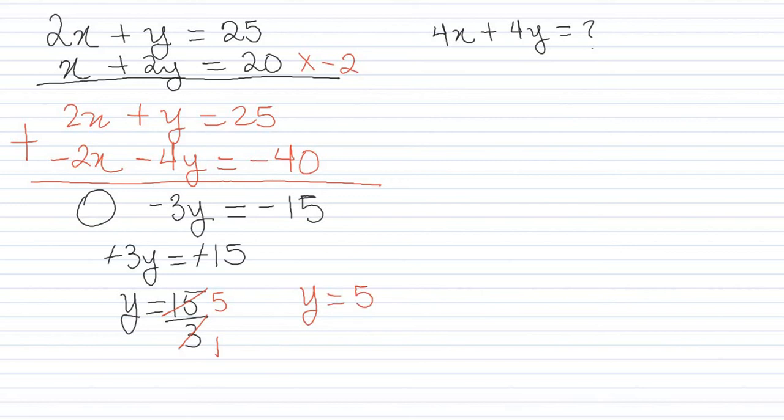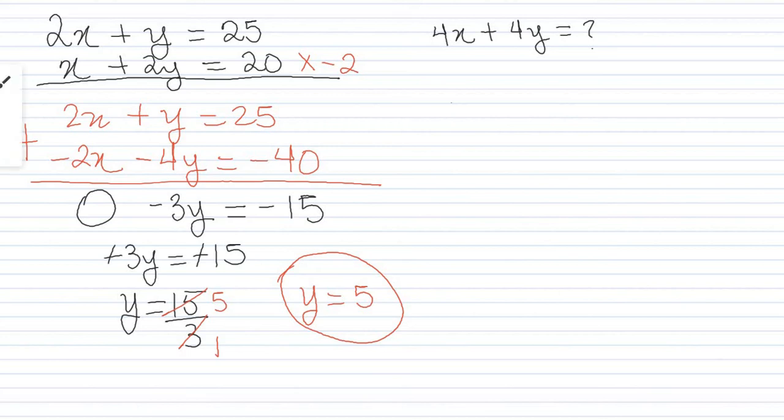Now, because I've explained that, we're going to try to eliminate one variable. We eliminated x, so we can have a simpler equation, 3y equals 15, so we can find the value of y, and then we're going to substitute this value of y into one of the equations so we can find the value of x. You can pick any of them.